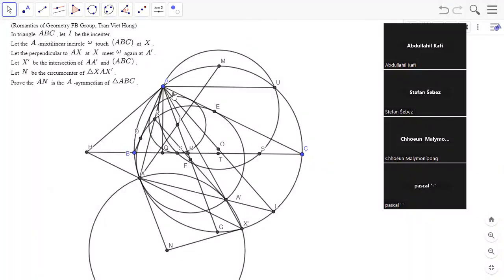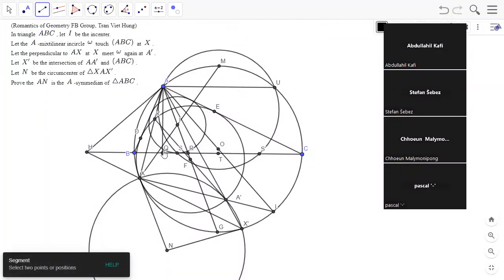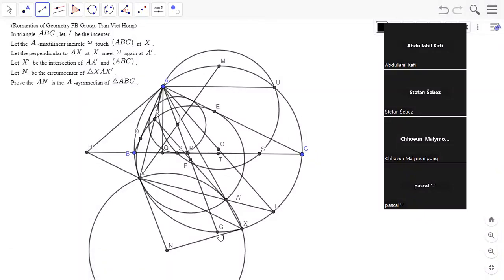Because then that would mean that AXGX' is harmonic. Wait, is that right? I'm getting confused. No, that would mean... so once we know these concur, I'm trying to remember what I did. Anyways, first I'll start out by showing those concur at H.